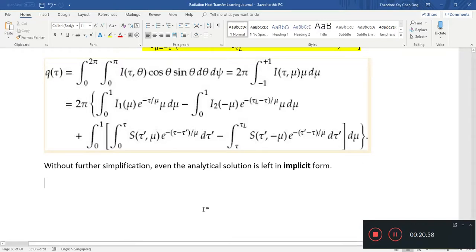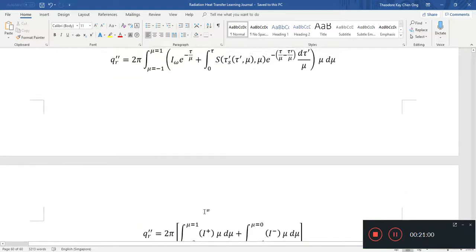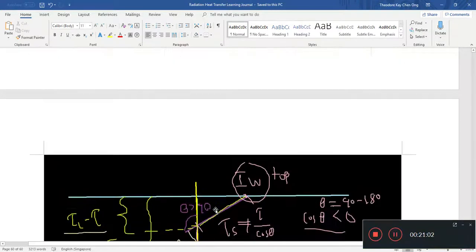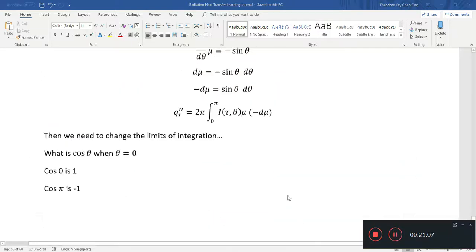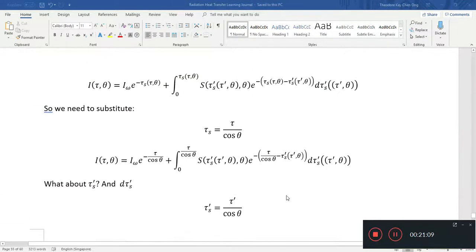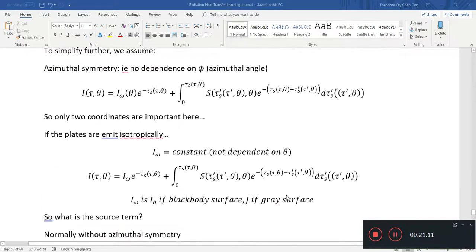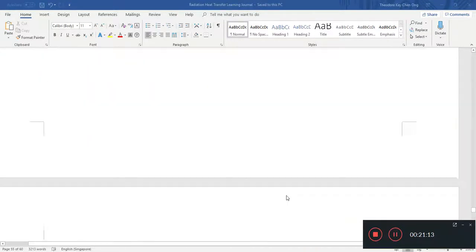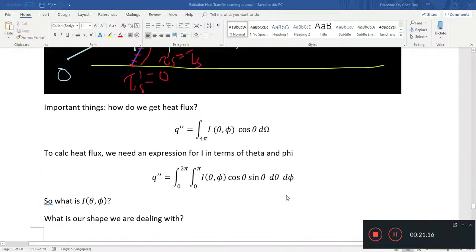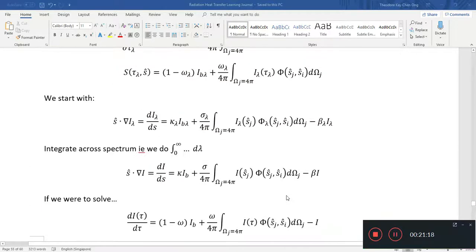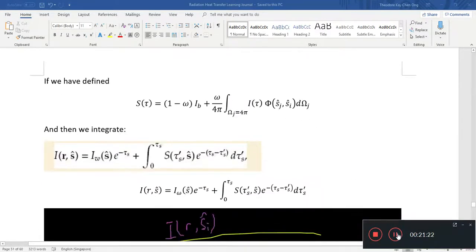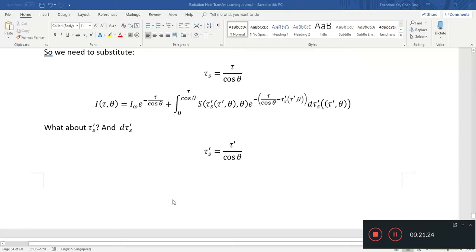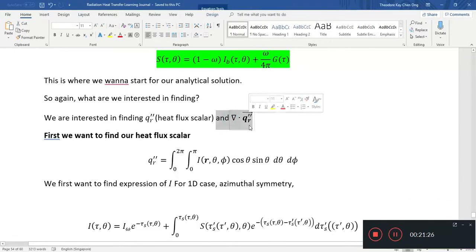Okay, so the other thing we want to find out, besides the heat flux, is the divergence of heat flux. Yes, so this is the divergence of heat flux I was talking about here, right?